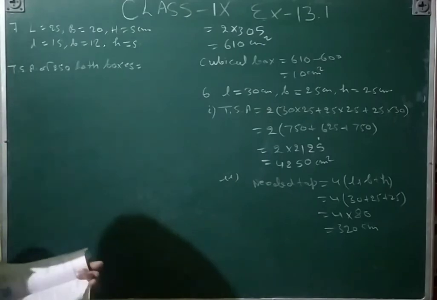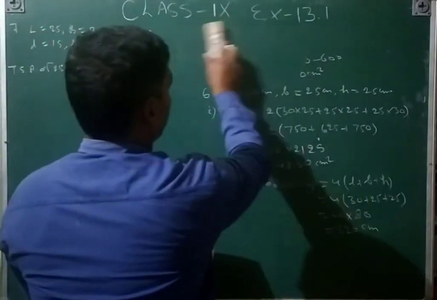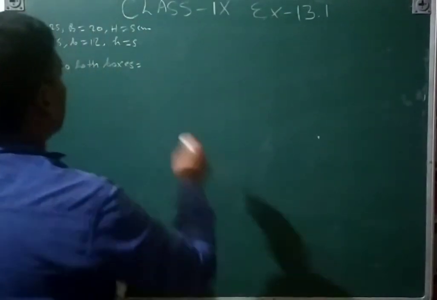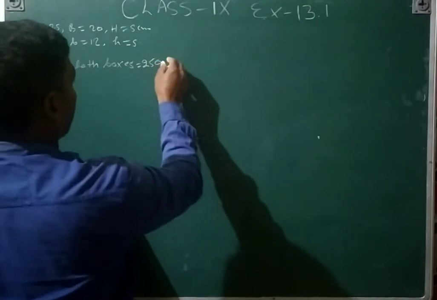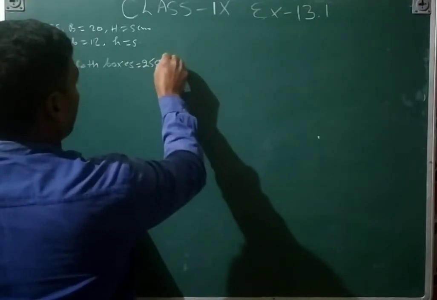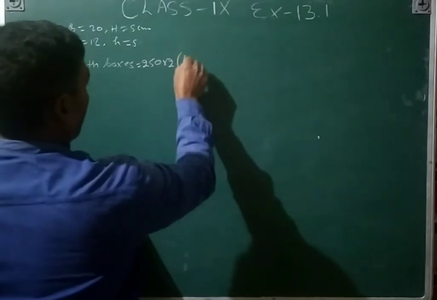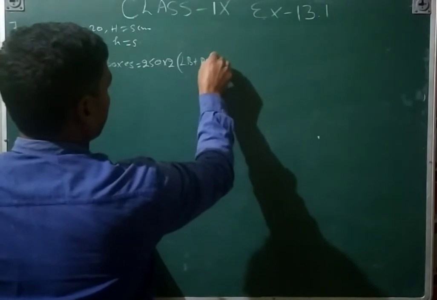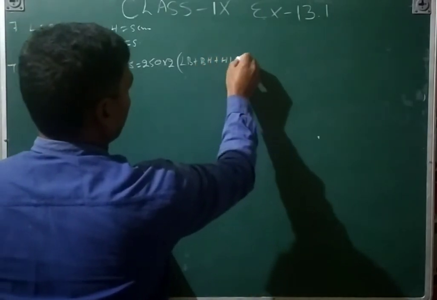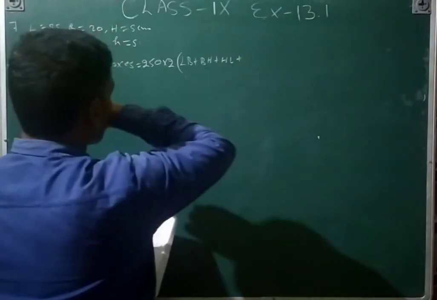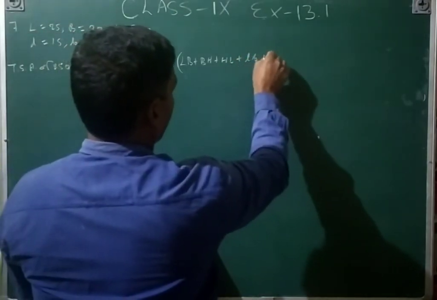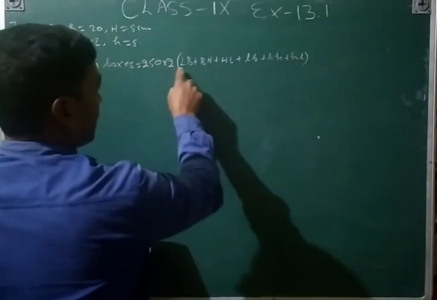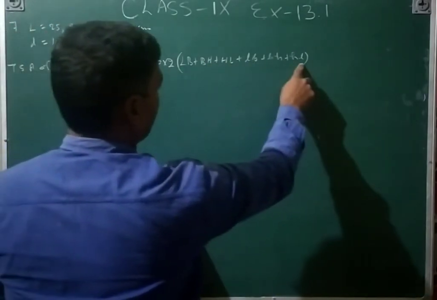is equal to, here we will apply the double formula. Double formula means how, that will be 250 multiplied by 2, that LB plus BH plus HL, that will be plus LB plus BH plus HL. 2 has come for both this one and 2 has come for this one both also.